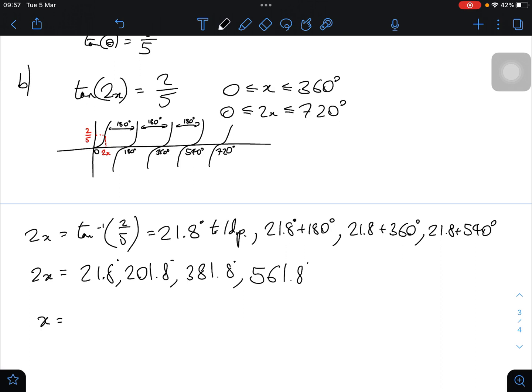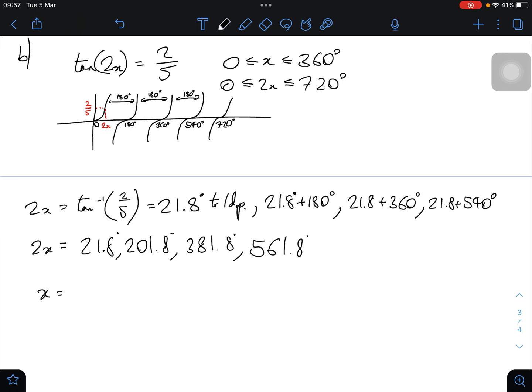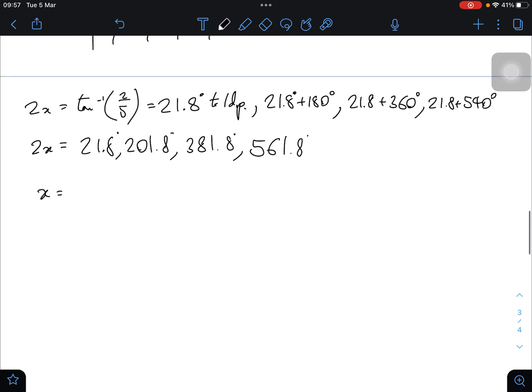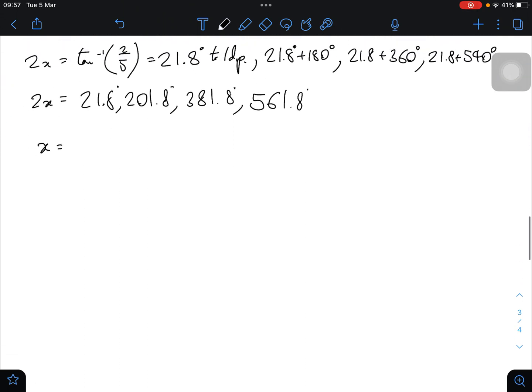And that's the other way I see people do these. Either you can think of it as dividing by 2 at the end, or you can think of it as 2x is between 0 and 720, and so you've got to draw your graph up until 720. And it's the same as if you had x over 2, you'd have to halve it. 2x, you've got to double it. And so therefore, my value for x would be all of these divided by 2.